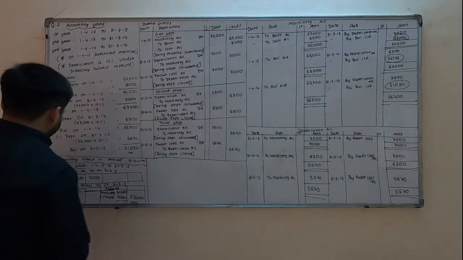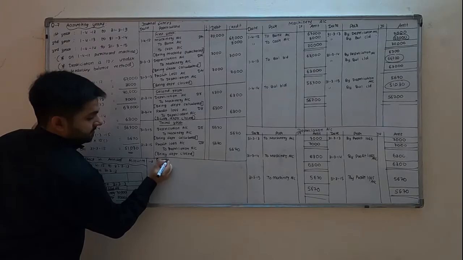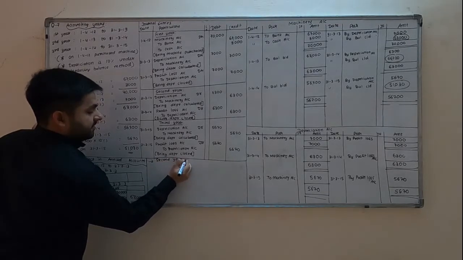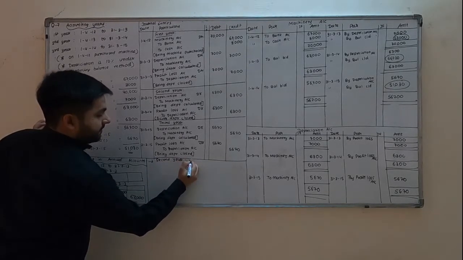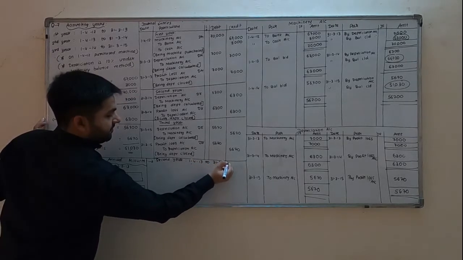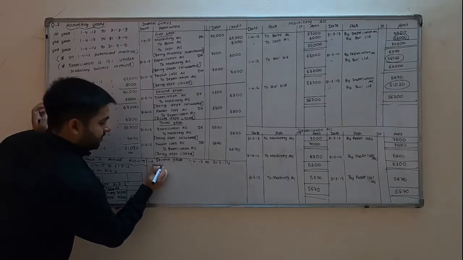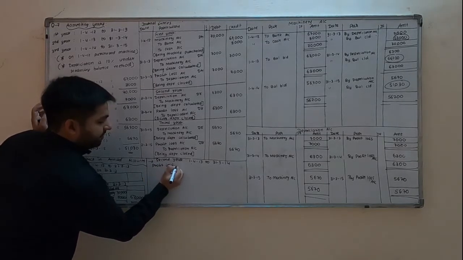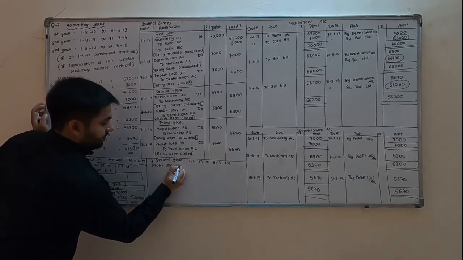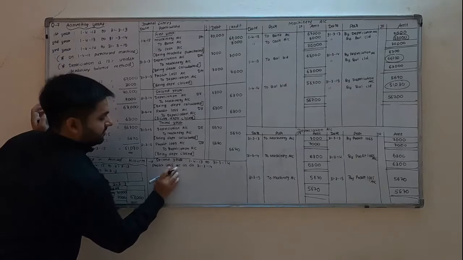Now for second year. Second year, which is from 1/4/13 to 31/3/14. Again, profit and loss account as on 31/3/14.